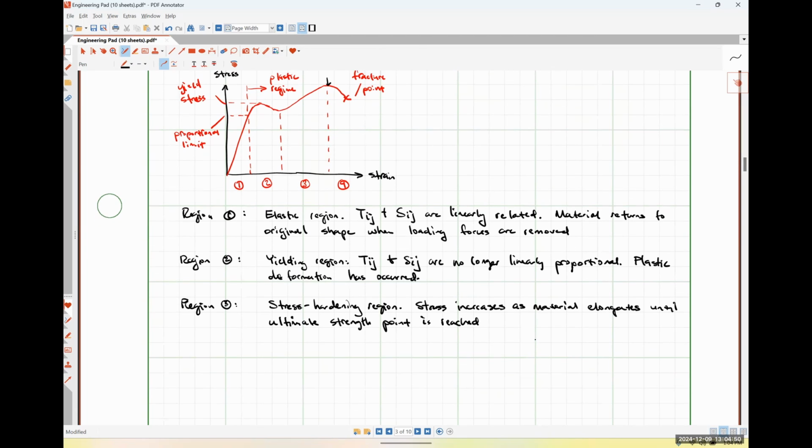And then lastly, we have region 4, the necking region. And it's called this because beyond the ultimate strength point, a neck forms where the local cross-sectional area becomes smaller than the average cross-sectional area.